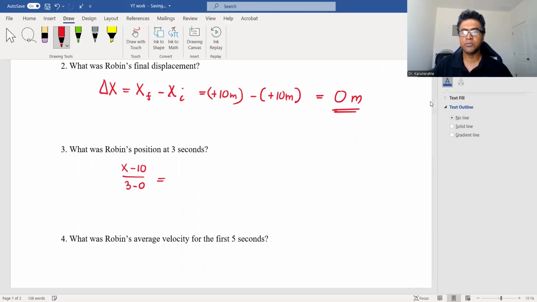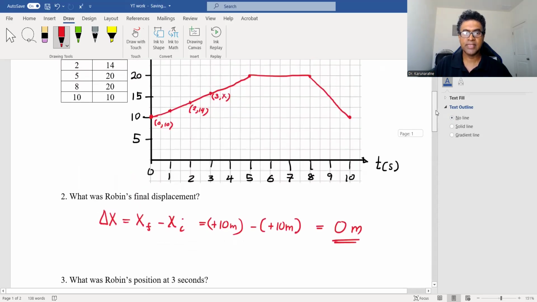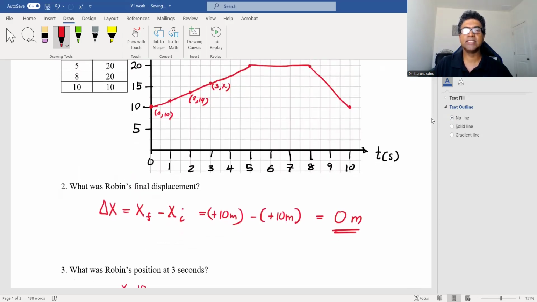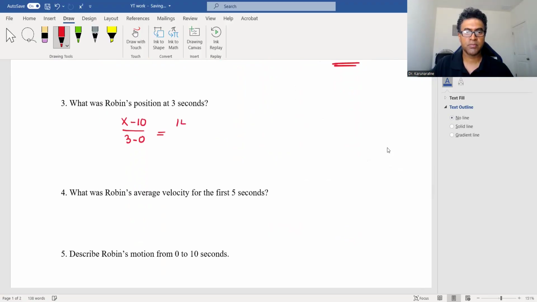This is equal to the same slope, so I'm going to consider the 2, 14 and 0, 10 points: 14 minus 10 divided by 2 minus 0. Then we can simplify this: x minus 10 divided by 3 equals 4 in the numerator over 2 in the denominator, so that's a 2.